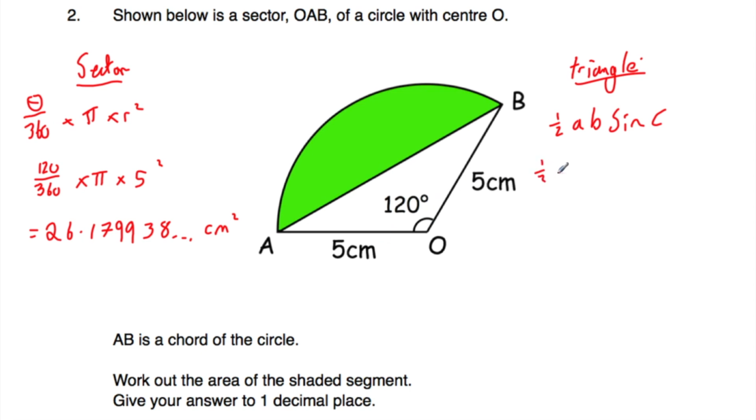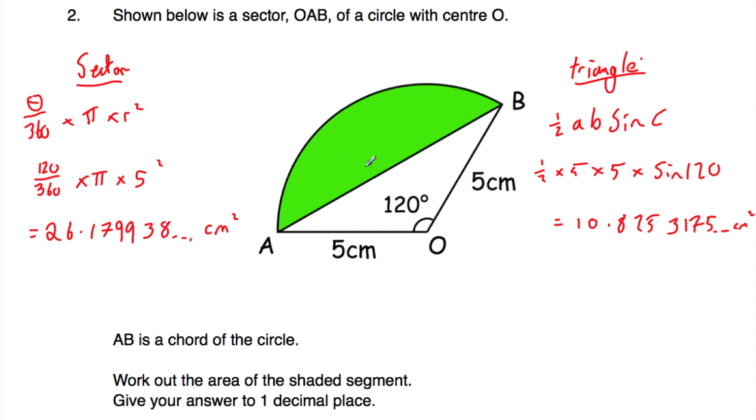So it's going to be a half multiplied by a, which is 5, multiplied by b, which is 5, and it doesn't matter which way around we do those, multiplied by the sine of the angle, so that's going to be sine 120. And whenever we type in our calculator, a half times 5 times 5 times sine 120, that's equal to 25 root 3 over 4, or alternatively 10.82531755 and so on centimeters squared. So that's the area of the triangle.